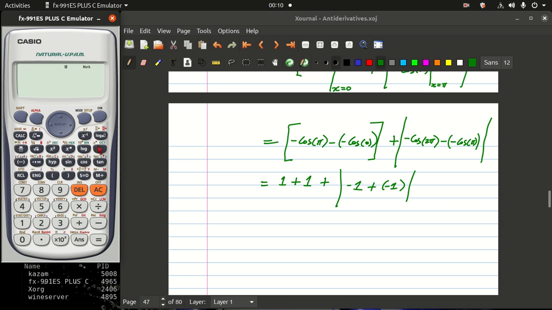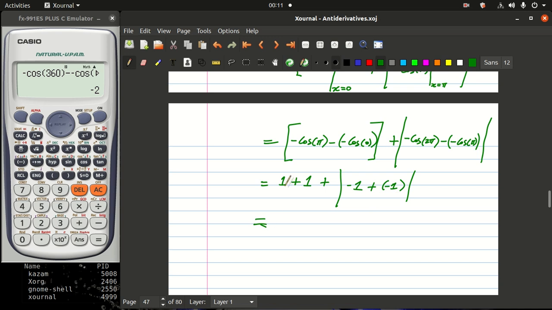Okay, let me just focus on the inside. I have a minus, I have a cosine, and then I have a 2 pi. 2 pi is the same as 180 times 2, which is the same as 360. And then from there I have minus, and then I am minusing cosine of 180 degrees. What is that? That is a minus 2, but I have an absolute value.